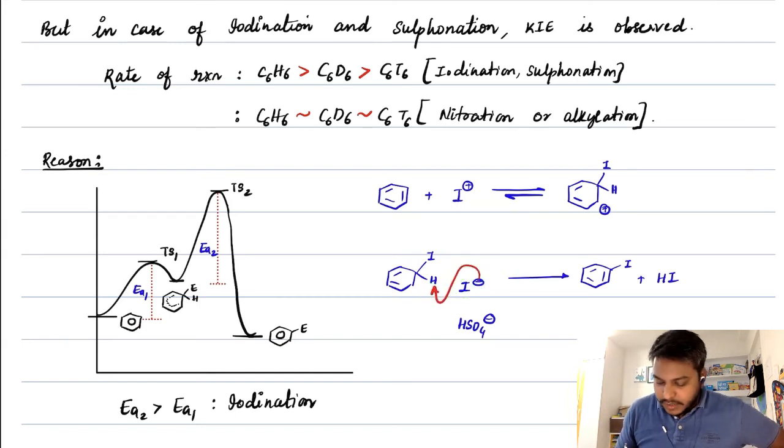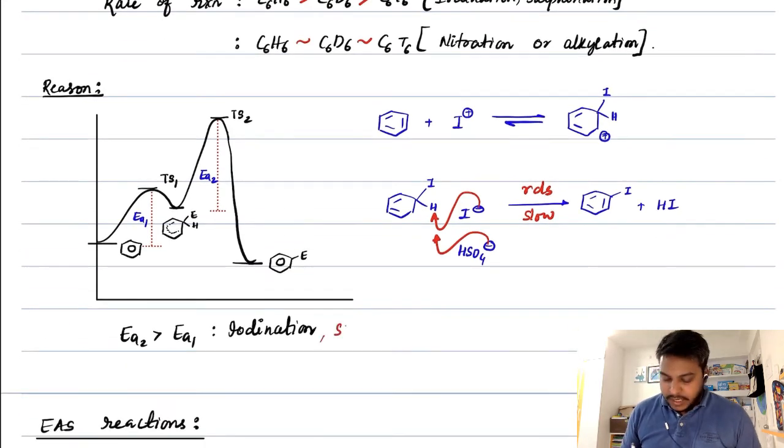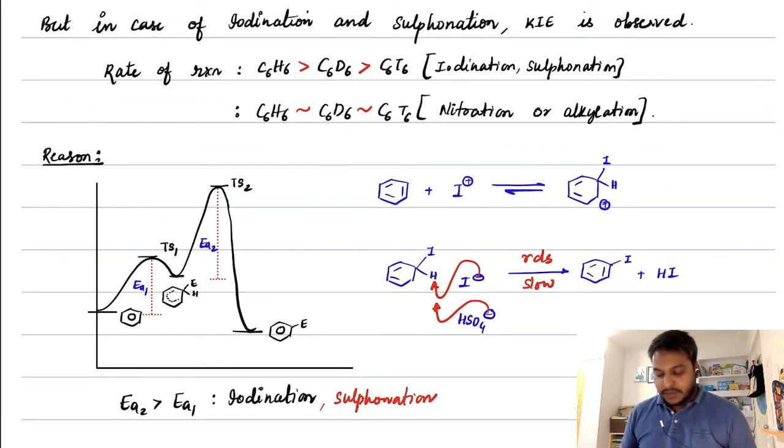So whether you take iodination or sulfonation, it's very difficult to remove the protons, and it takes a lot of time to retain back that aromaticity. So this is the RDS, or the slow step of the reaction. And students, this is only seen in iodination and sulfonation. So remember, only in these two cases will you have the second step as the RDS as compared to the first step.